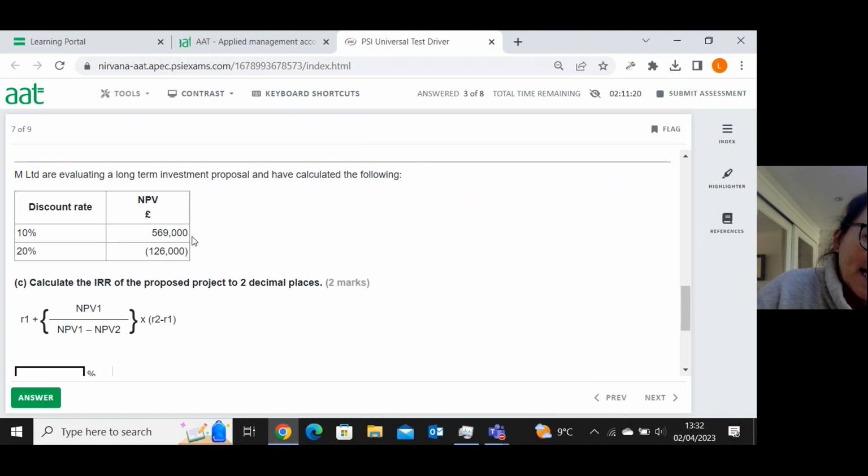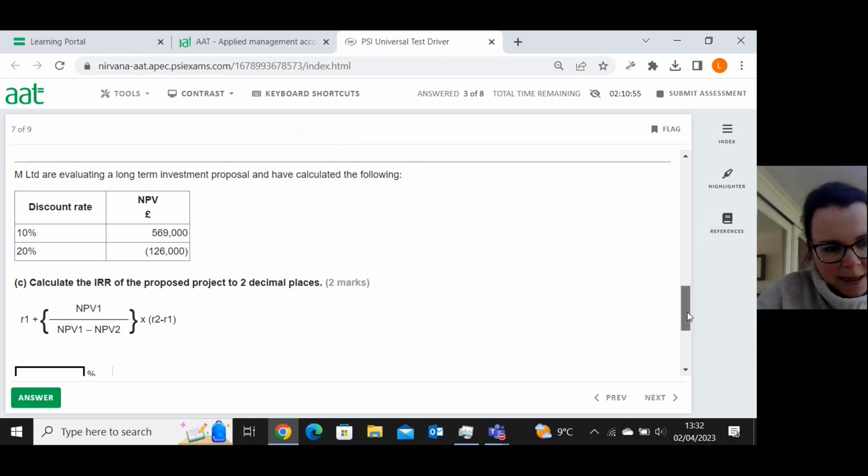On a reasonableness test, 126 is closer to 0 than 569 is, so I'm going to expect the answer to be closer to 20%, probably between 15 and 18%, just at a guess.